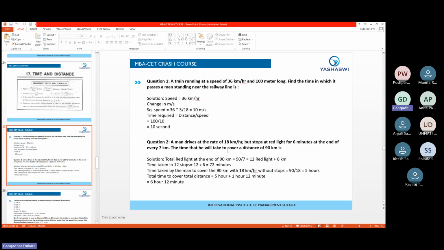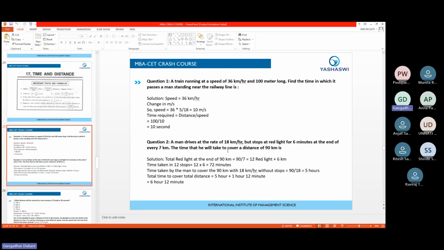The second question is also related to equations. A man drives at the rate of 18 kilometer per hour but stops at a red light for 6 minutes at the end of every 7 kilometer. The time he will take to cover a distance of 90 kilometer: the total red lights at the end of 90 kilometer equal 90 divided by 7, because he stops at the end of every 7 kilometer, for 6 minutes.